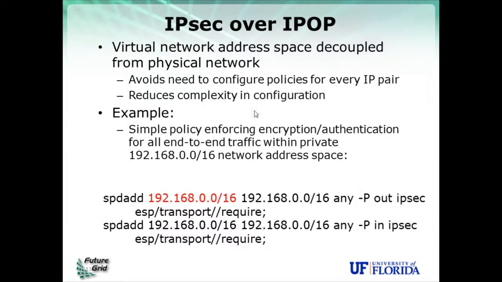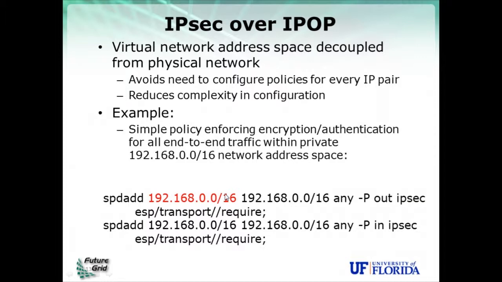One of the benefits of having separate virtual address spaces and the ability to have isolated networks with isolated network masks is it facilitates significantly the configuration of security. So you don't have to worry about configuring policies for each possible IP pair of nodes that join the network. Rather, let's say if you define a virtual network address space of this type, a private network address space with a 16-bit network mask, the only configuration you need to set up for IPsec would look like this.